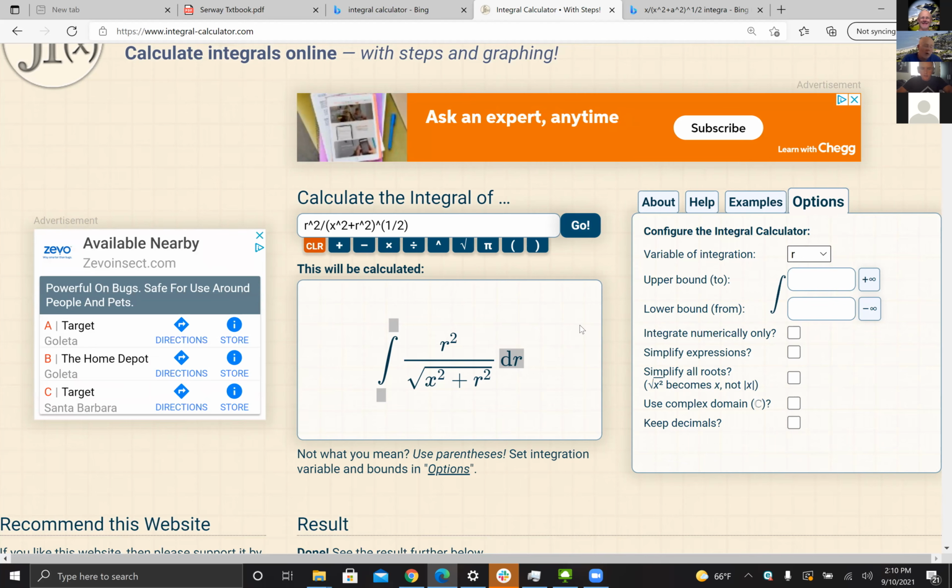You got the x, that's perfect. As long as you're there, put in the limits too. It'll simplify it: 0 to capital R.